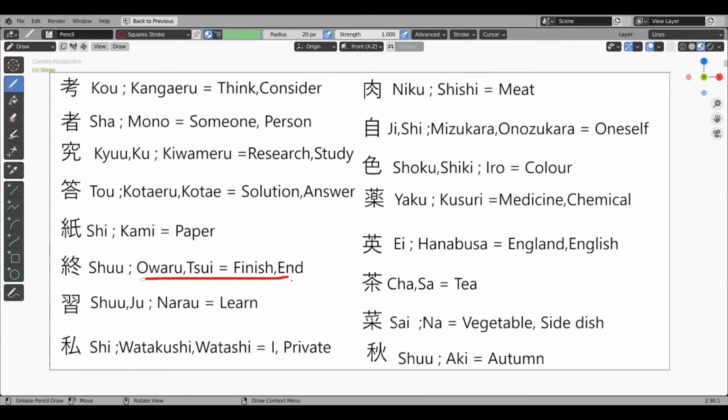The next kanji is owaru, finish kanji. This has again the thread kanji radical and fuyu, winter kanji radical. But here we can't consider it as the winter kanji radical and we will have to consider the meaning of individual radicals.